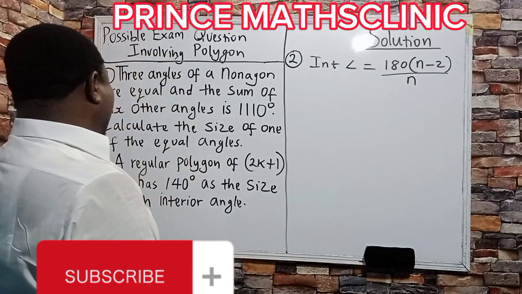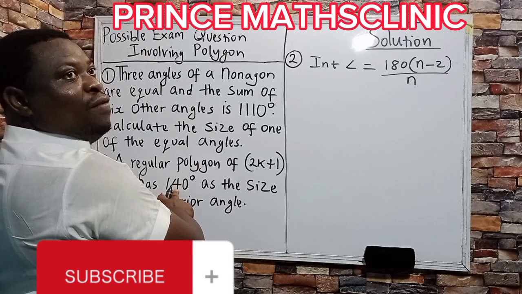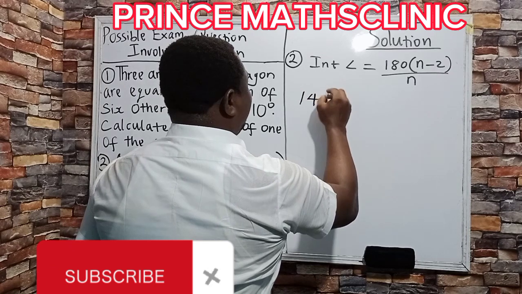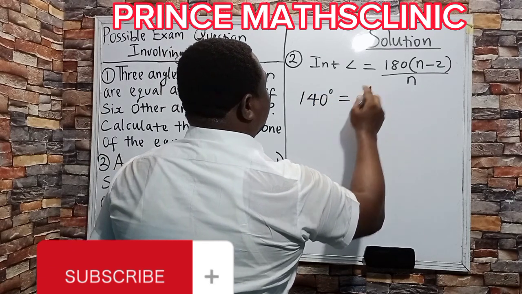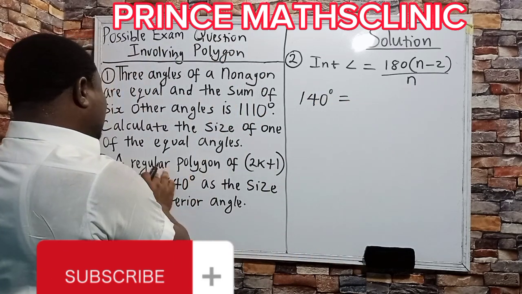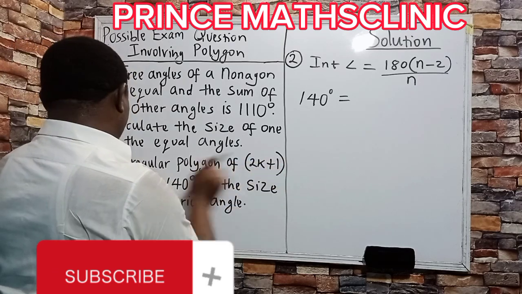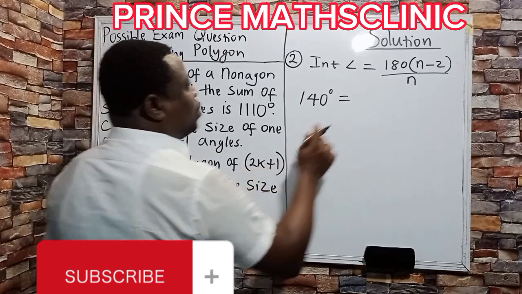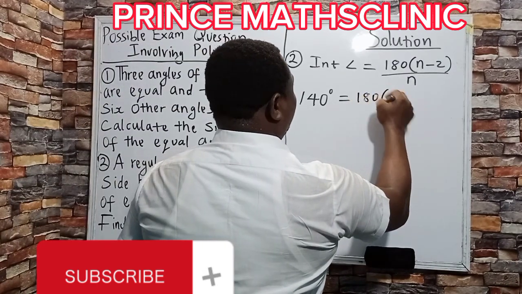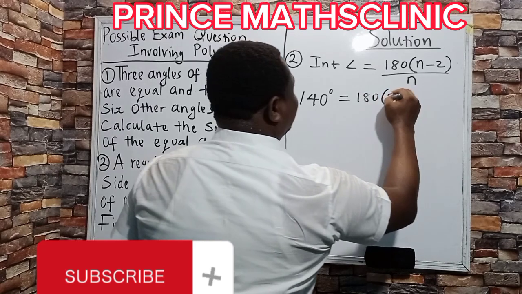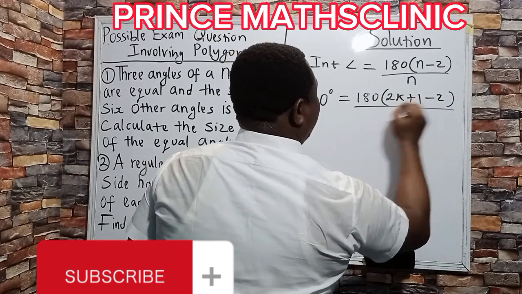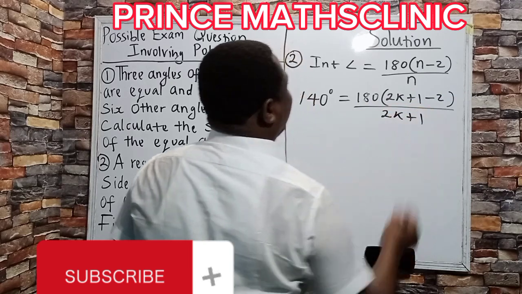So since each interior angle is 140 degrees, that is 140 degrees. And we are told that the regular polygon has 2k plus 1 sides. So our n is this whole value of 2k plus 1. Then this is minus 2. N again is 2k plus 1.